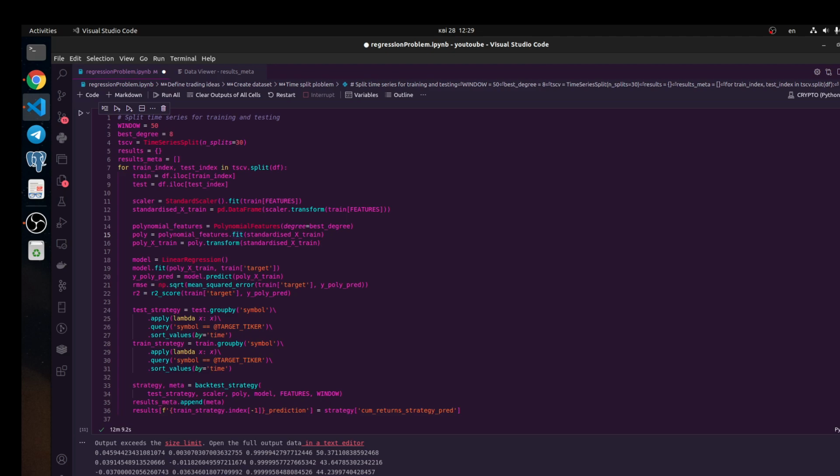When I develop trading ideas, I start from a very simple model to analyze whether it's working or not, and if it's working, I know that if we use another model like XGBoost regressor, for example, or deep learning, we could create more profitable ideas.